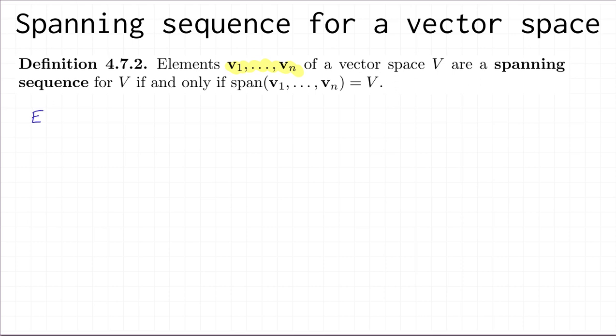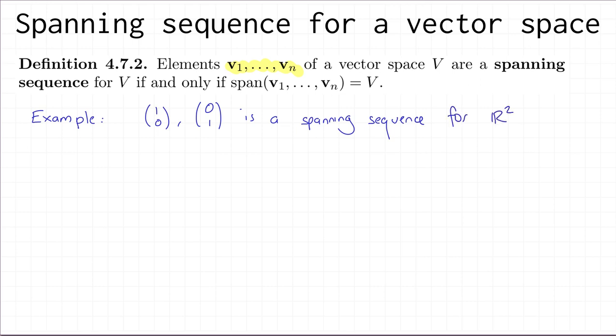We've already seen, but I'm going to copy it here, that (1, 0) followed by (0, 1) is a spanning sequence for R squared.